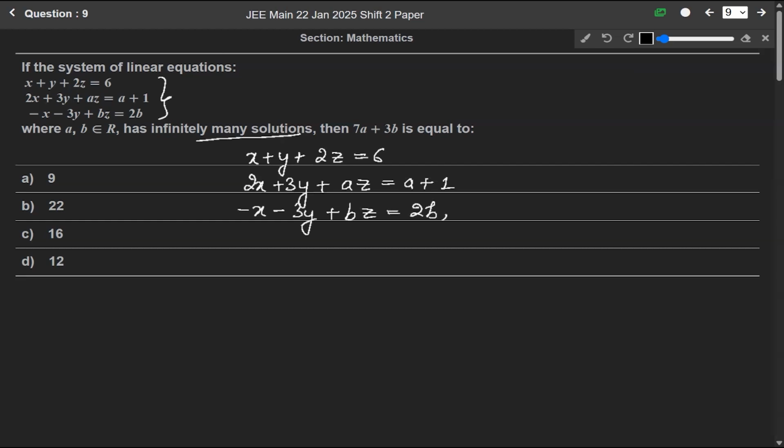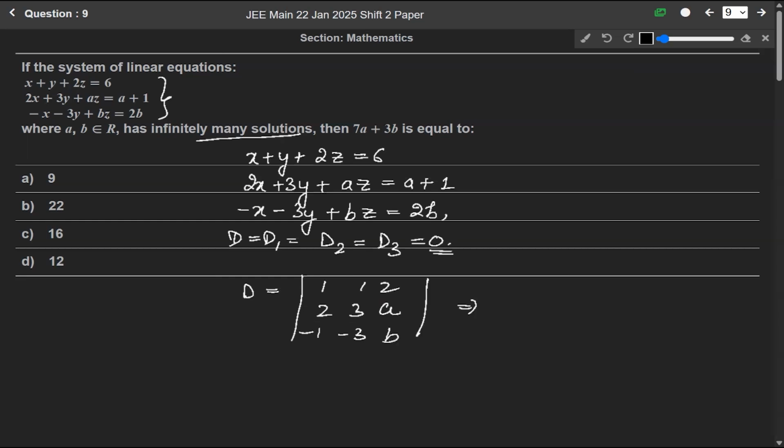Okay. So for infinitely many solutions, D1 equals D2 equals D3 must be equal to 0. So D will be equal to the determinant 1, 1, 2, 2, 3, a, minus 1, minus 3, b.